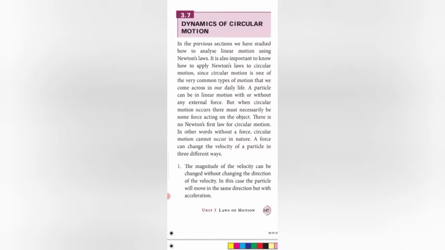So how does circular motion change? A force can change the velocity of the particle in circular motion in three different ways. How does the velocity change? First, the magnitude of the velocity can change without changing the direction.